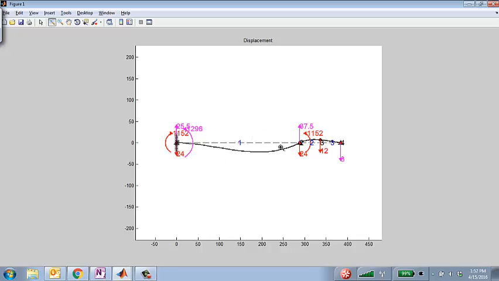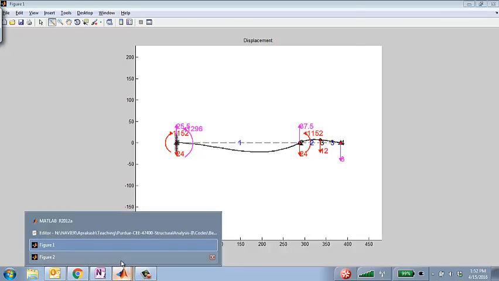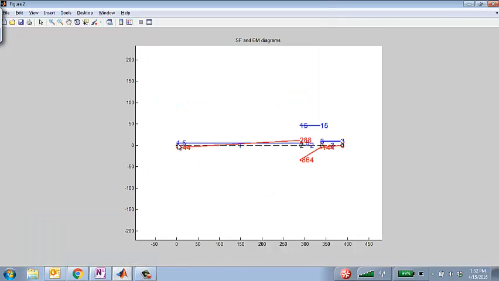So it shows you deflected shape, reactions, and everything, and in the second figure, it also shows you shear force diagram in blue and bending moment diagram in red.